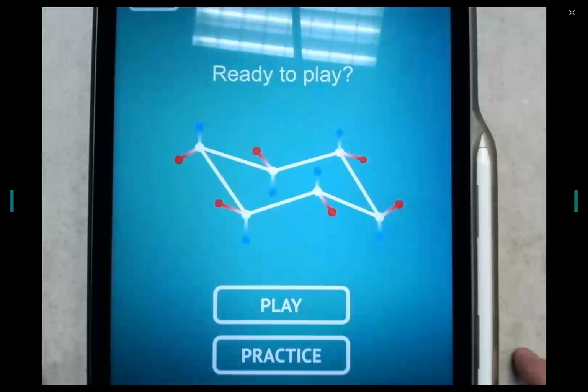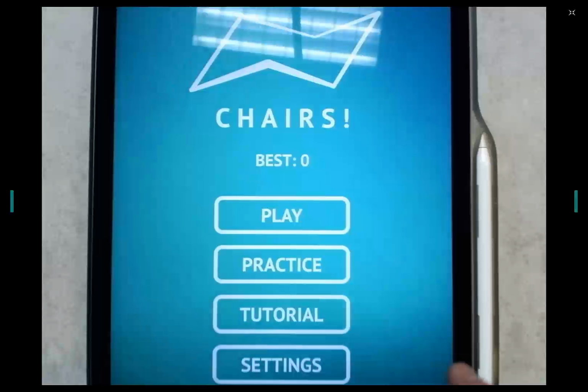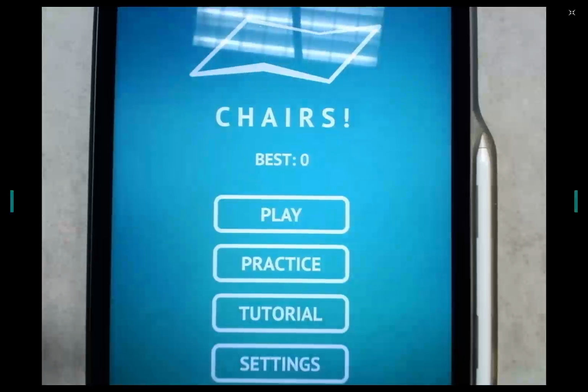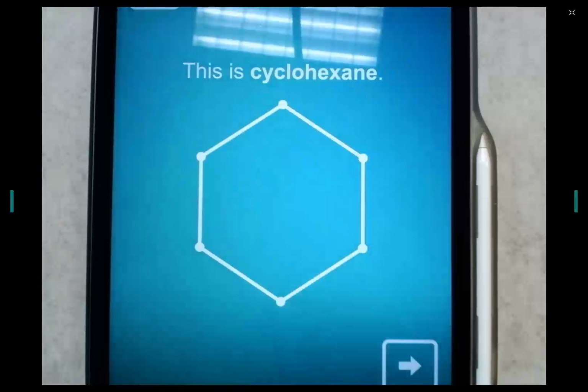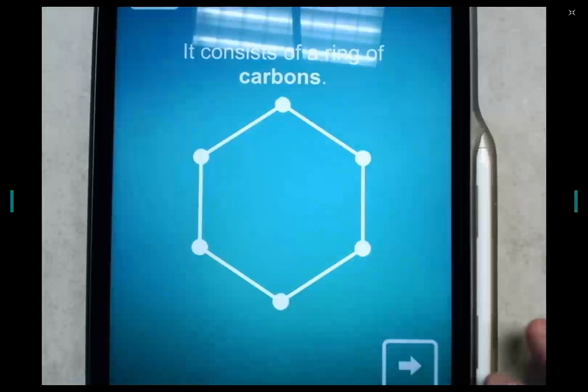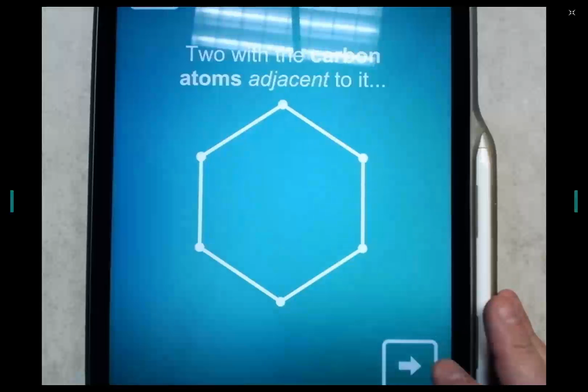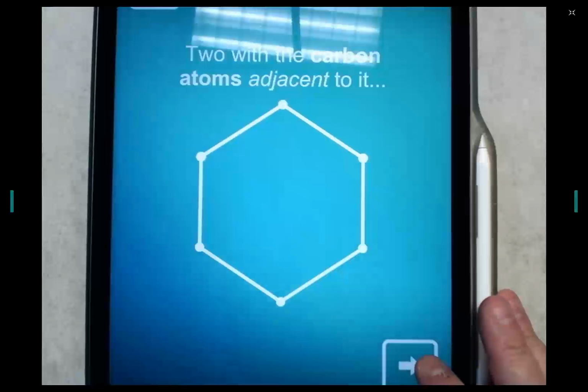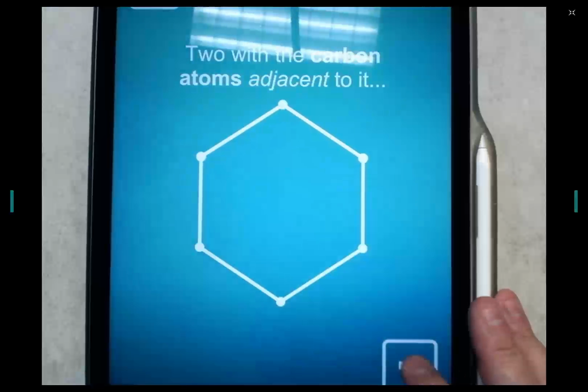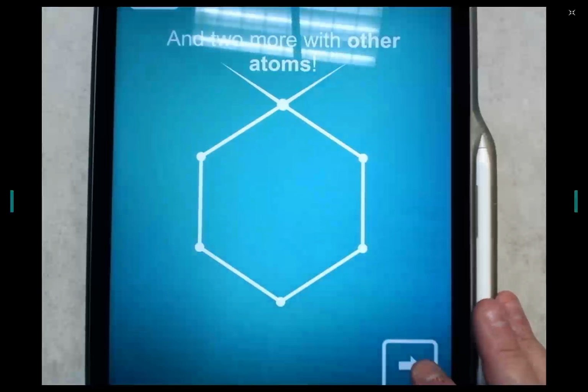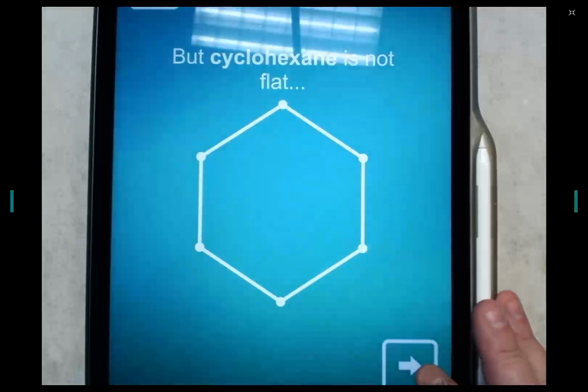But I don't want to practice, I want a tutorial here. So here's my tutorial. This is cyclohexane. It consists of a ring of carbons, each with two atoms attached to it, which are going to be the hydrogens or other groups. But cyclohexane is not flat.